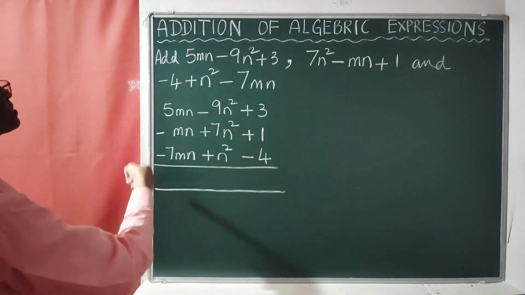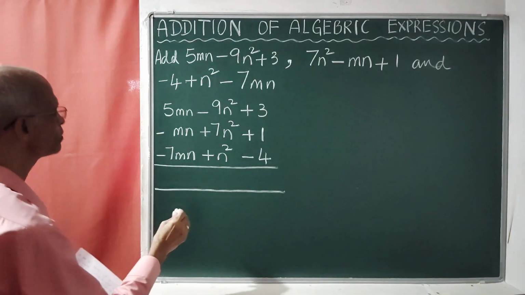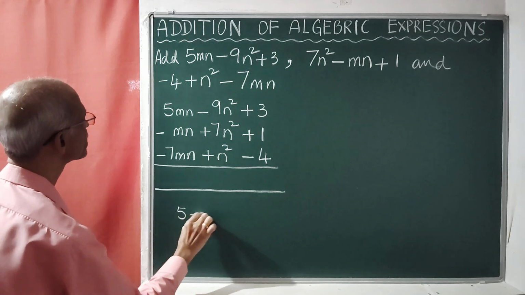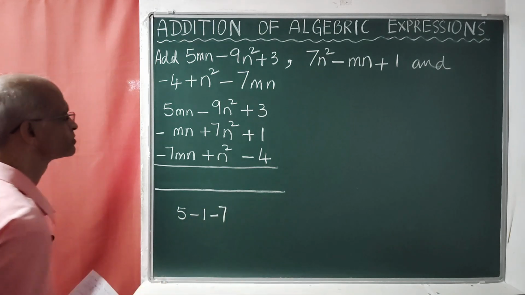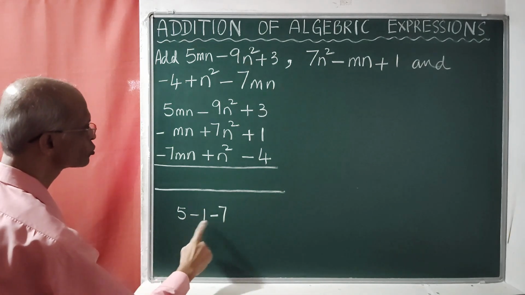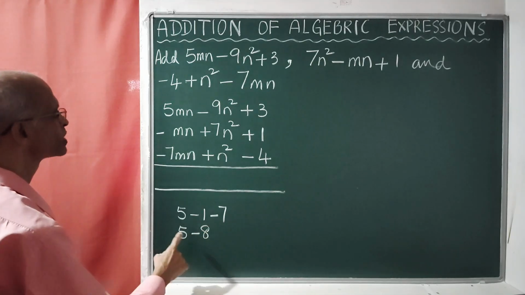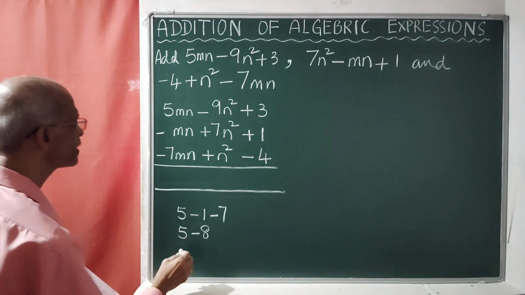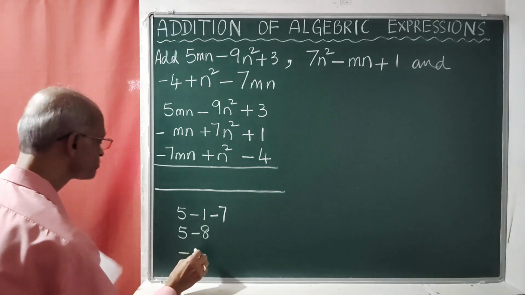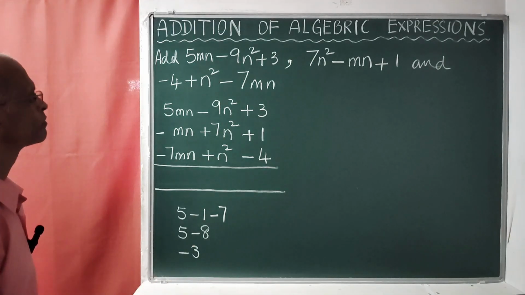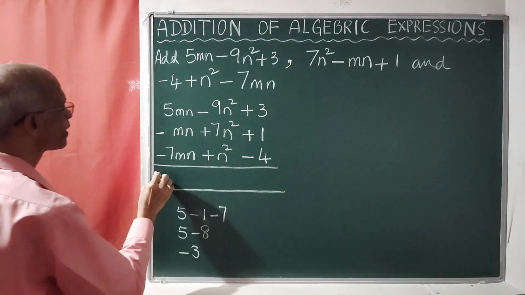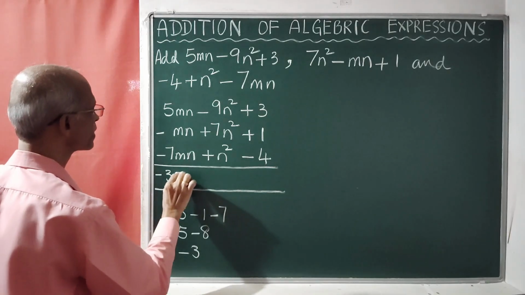Now we have to solve these numbers. So what is here now? 5 minus 1 minus 7. So if I solve these two, I will get 5 minus 8. Again, if I solve these two, I will get minus 3. So minus 3mn.